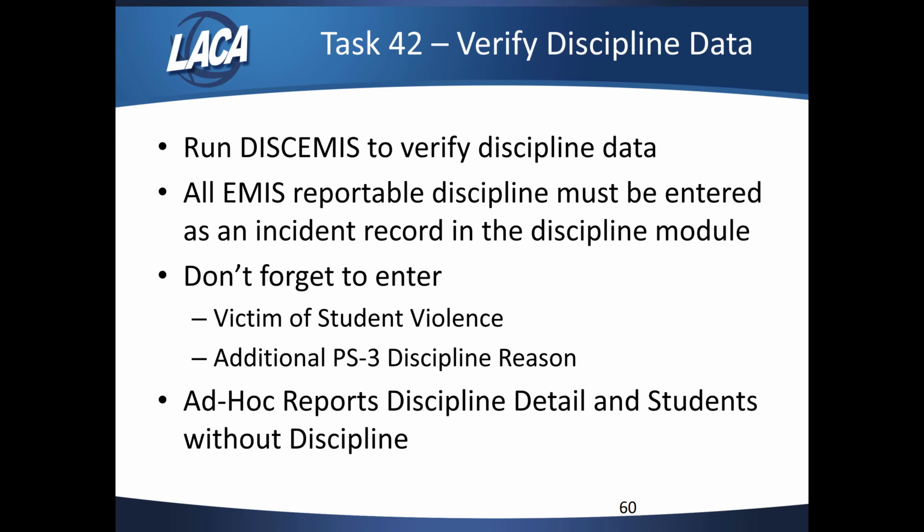And then for discipline for grades PS to 3 for out of school suspension and possibly expulsion, I don't remember on that, probably expulsion, there is an additional PS discipline reason that you have to add for that. If those are not there, you will get errors when you run disk EMIS, and you will get errors in the data collector.